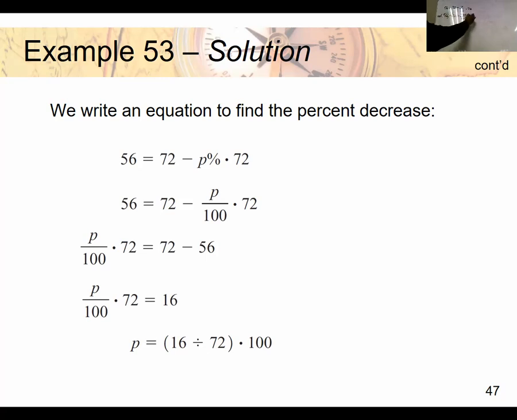All of this would have been multiplied by 100. So this would have been 5,600. And this would be 100 times 72. That's 7,200 minus 72p over 100 times 100. Those hundreds will divide out. And I give you this.